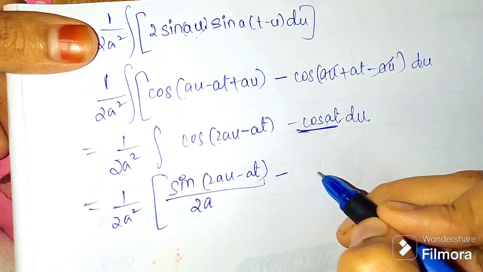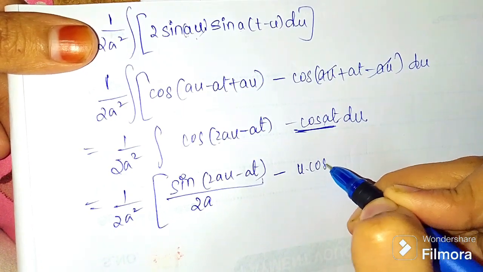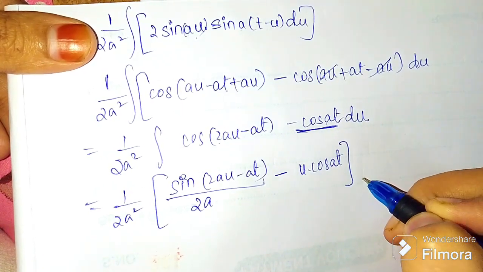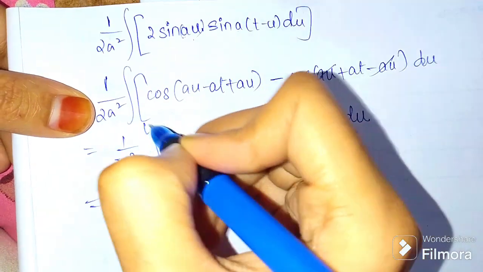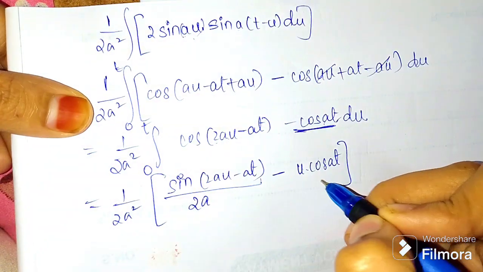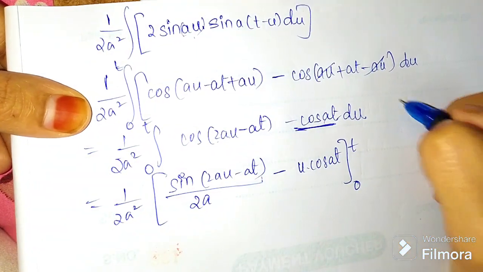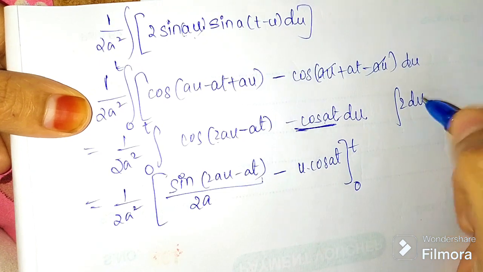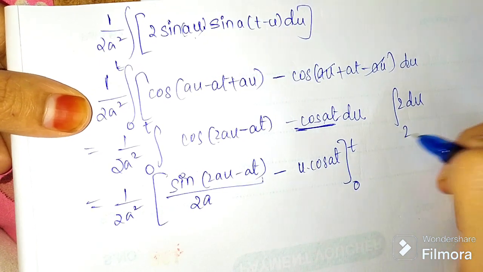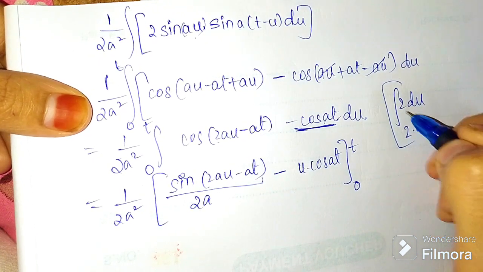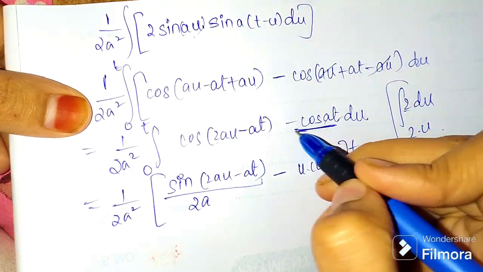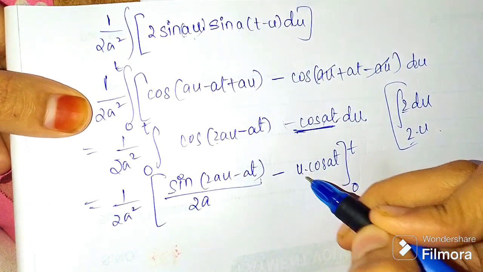So we should treat it as a constant. So I'll write U into cos AT. Why am I writing U into cos AT? The limits are from 0 to T. Because if I have 2 du like this, how do I write this? I write 2 into U, because 2 is constant. In the same way this is constant, so I'm multiplying it with U.